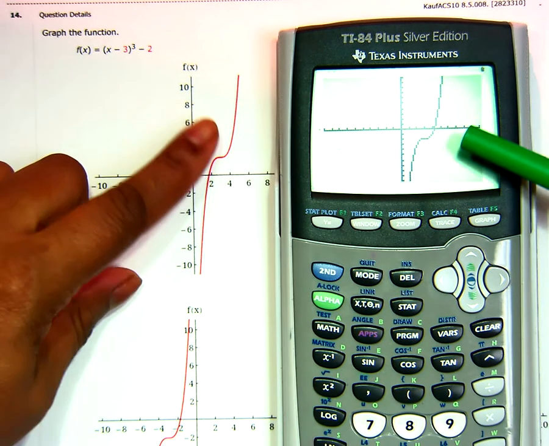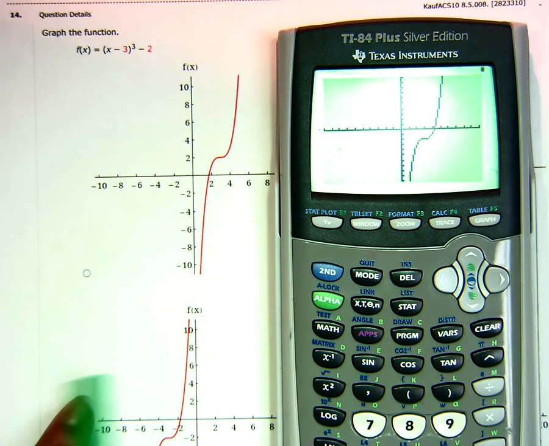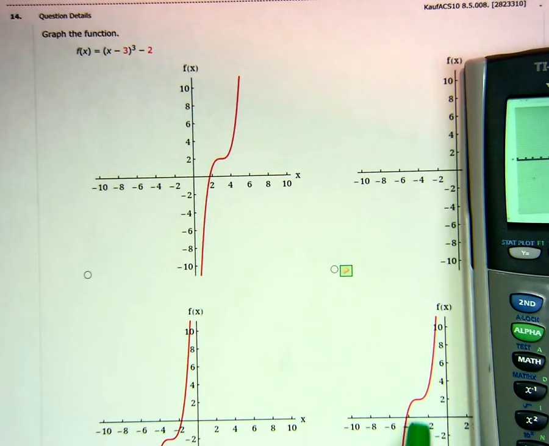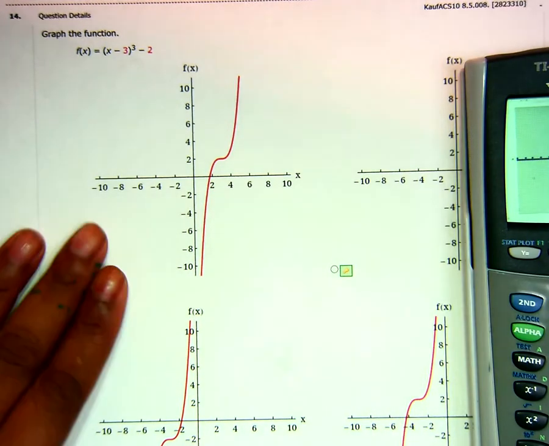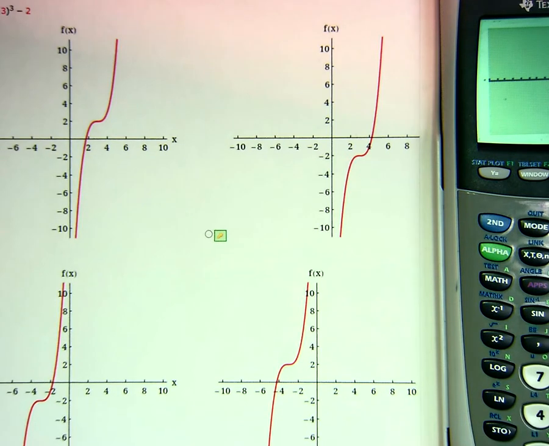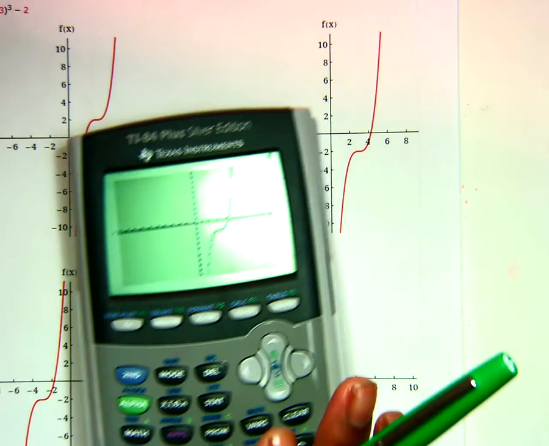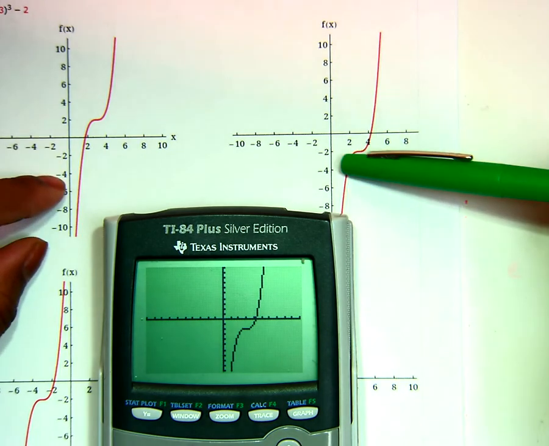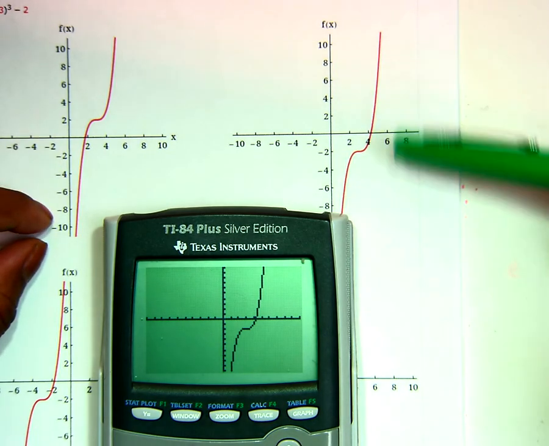Well, it kind of looks like that one. So we can eliminate this one. And we can eliminate this one. Because notice how it's on that side. So let's go back to the calculator now. Which one is it going to be? Well, let's look at our humps now. Pay close attention.